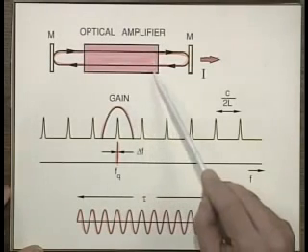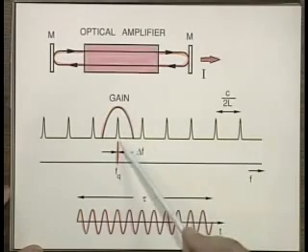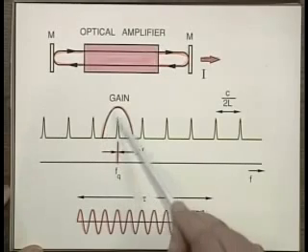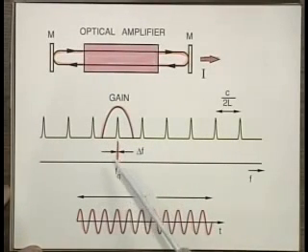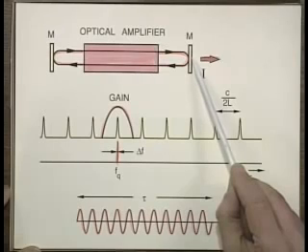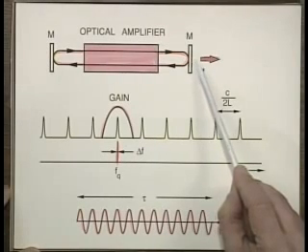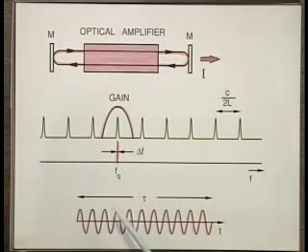If there's enough gain here, let's say this is the location of the gain in frequency, and there's enough gain at this cavity resonance, then we will get lasing. We get the light output by making this mirror not 100% reflective, but with a little transmission, so we can leak some of the light out.